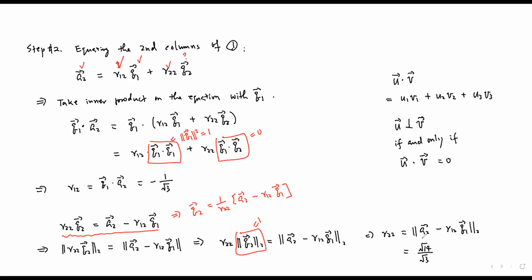R22 is this number. So Q2 is 1 over square root of 42 times this vector.